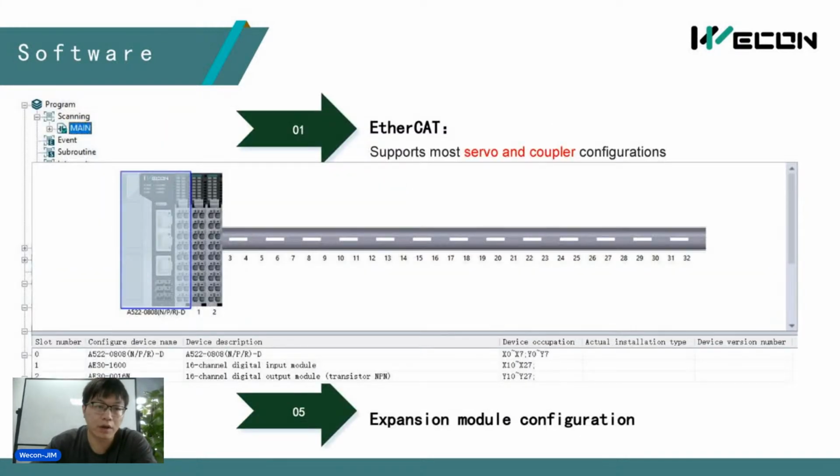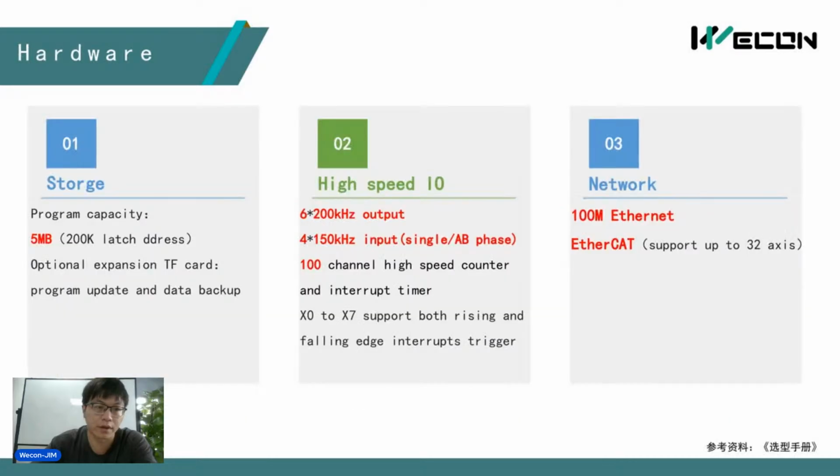Okay, so after the software introduction, let's introduce the hardware part. First is the program capacity. We have 5 MB of space to save your projects, about 10 times that of our LX5 series, and also 200 KB of latch address.